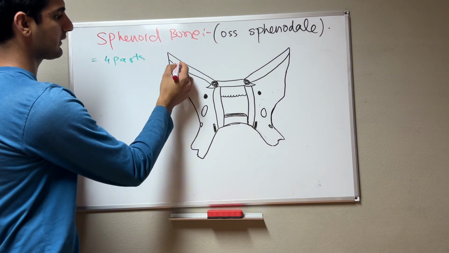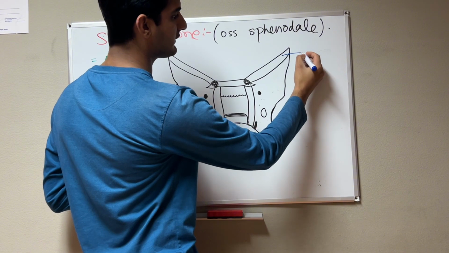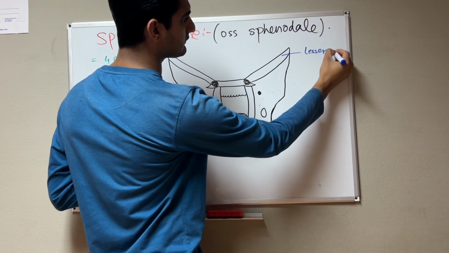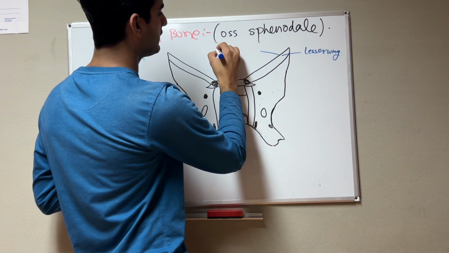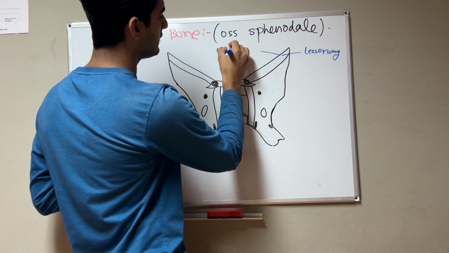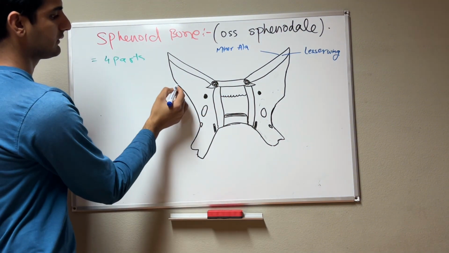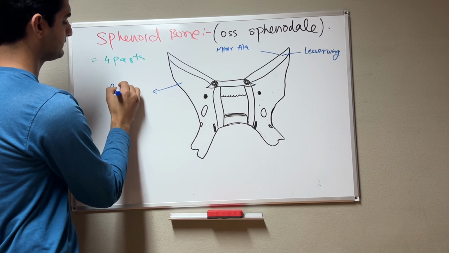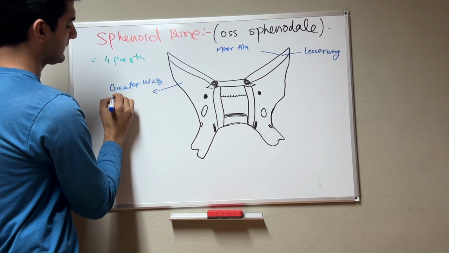This one, the upper one, is the lesser wing, or minor ala in Latin. This one is the greater wing, major ala in Latin.